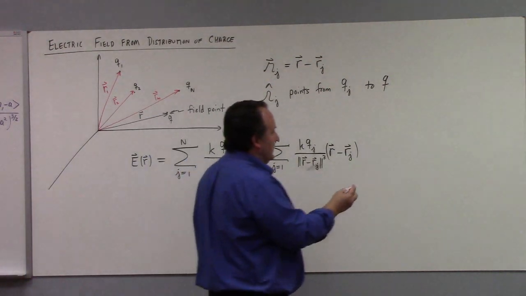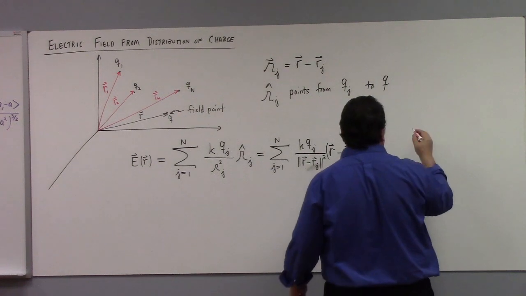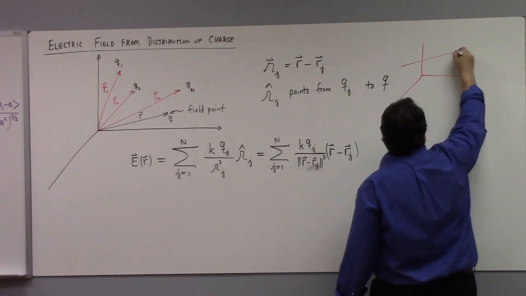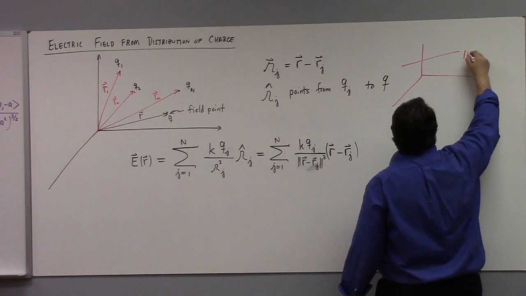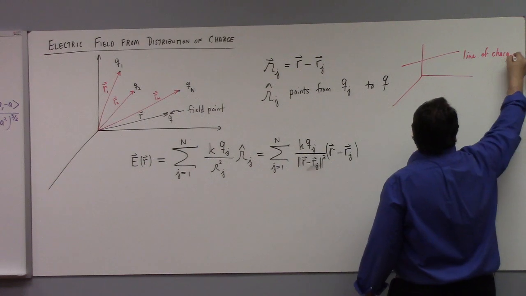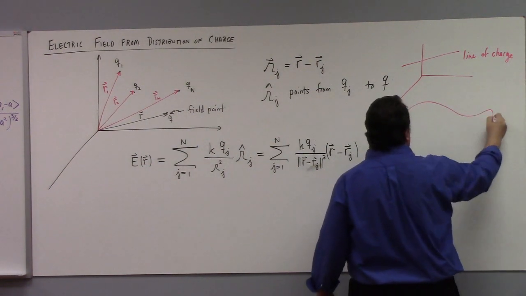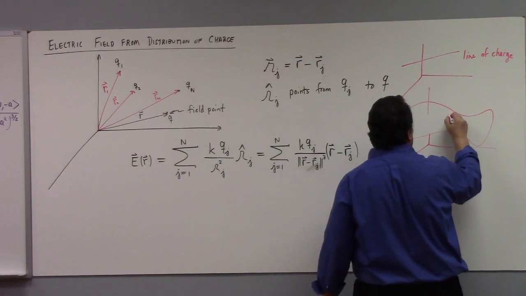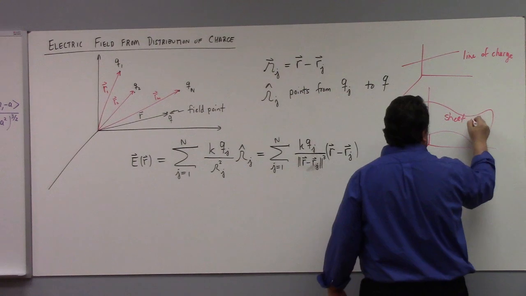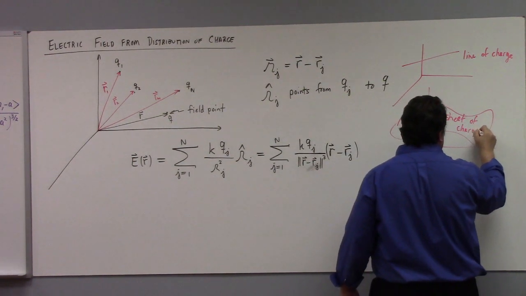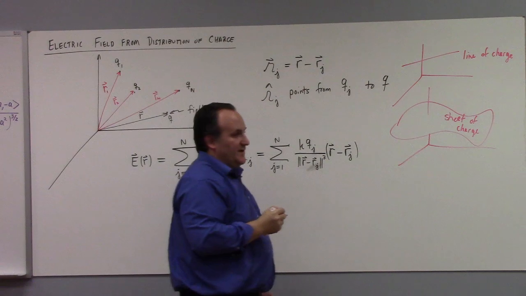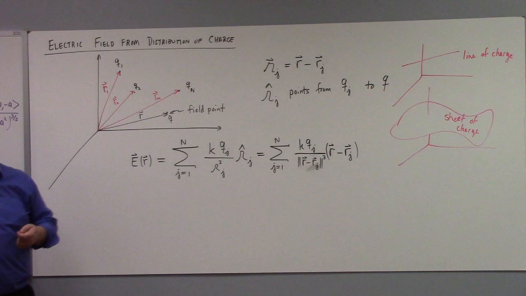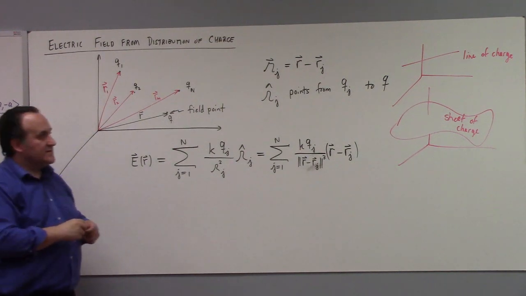In other words, what if instead of a collection of points, you've got a line of charge, or maybe some kind of surface of charge, like a sheet of charge. It could be flat, it could be curved, or both. You'll find both in nature, right? Think of a basketball with charge put on the outside of it. That would be a charged surface, for instance.